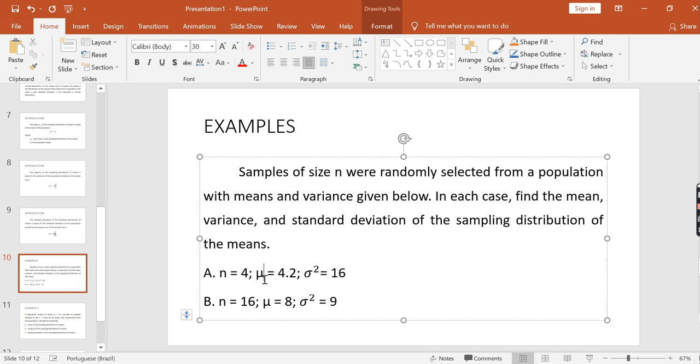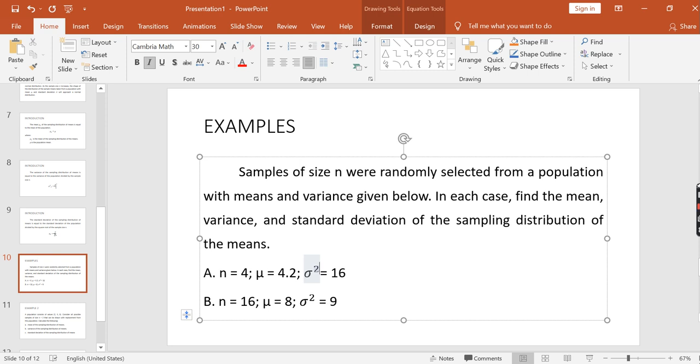When there is no x beside it, it means it is the mean of the population. On the other hand, this is the variance of the population as well. Now for letter B, we have n equal to 16, the population mean is 8, and the variance of the population is 9.